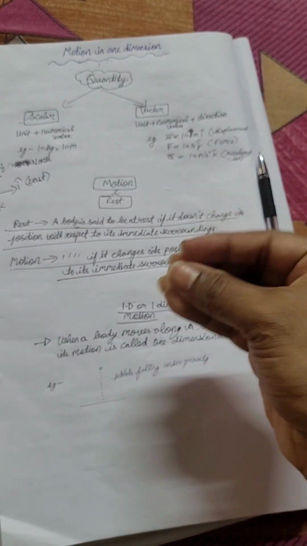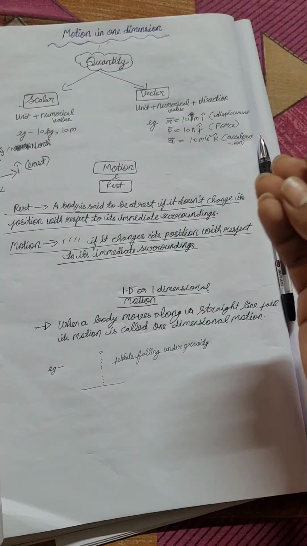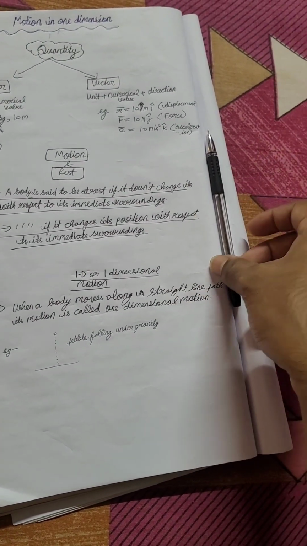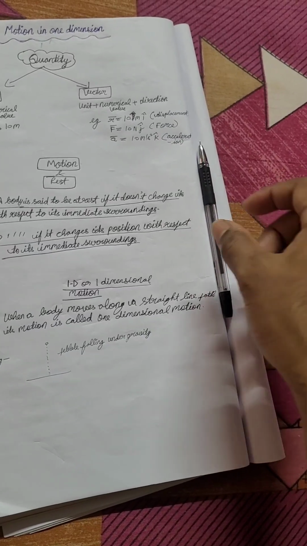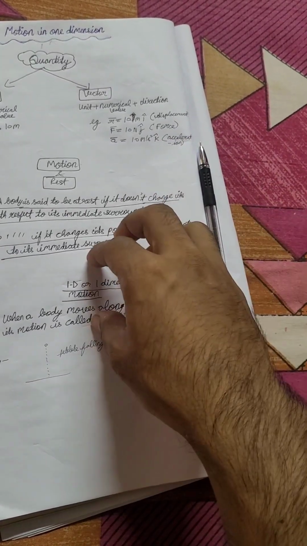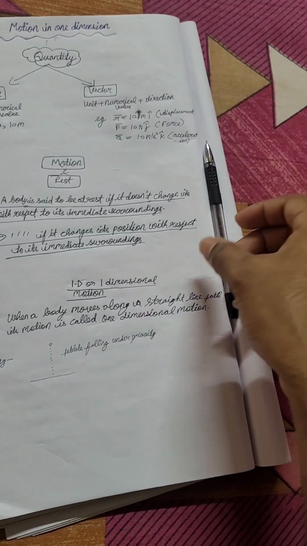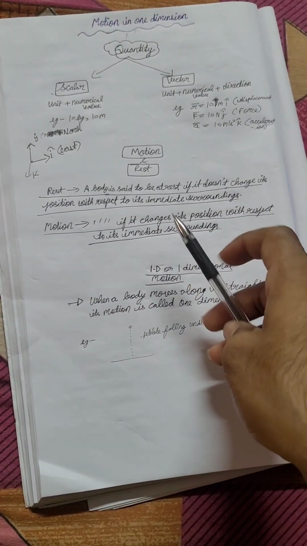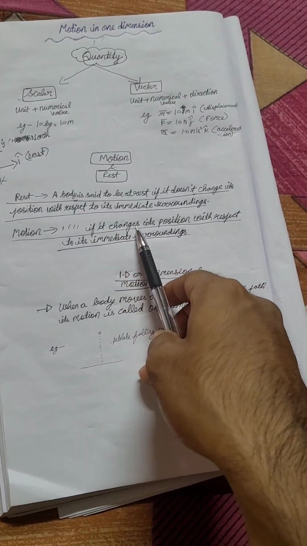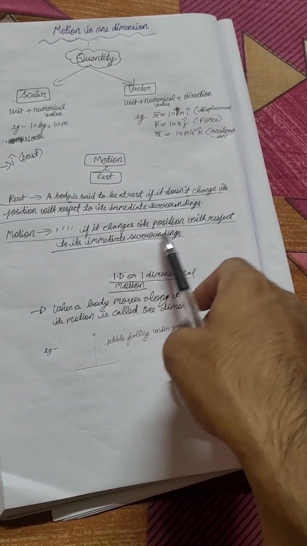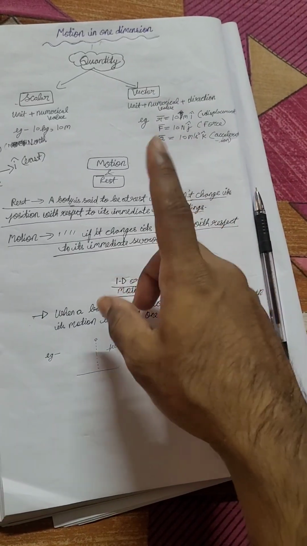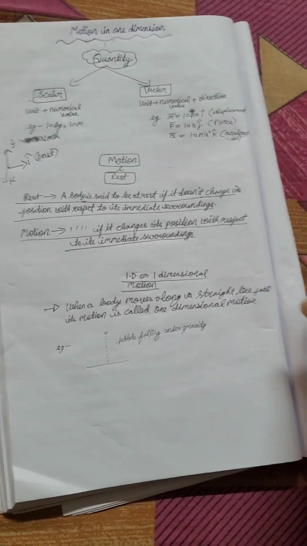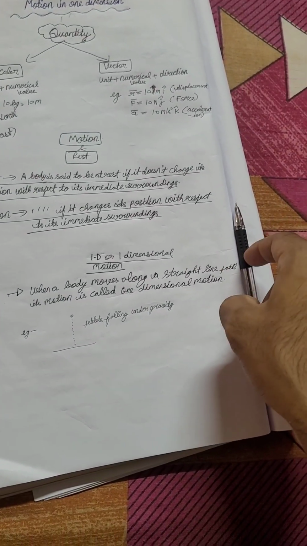These examples are a little bit advanced, but for now you should have the conceptual clarity that the pen is resting on this copy, so the pen is at rest with respect to this copy. Motion is the same: a body is in motion if it changes its position with respect to its immediate surroundings. Is the pen at rest with respect to the earth?